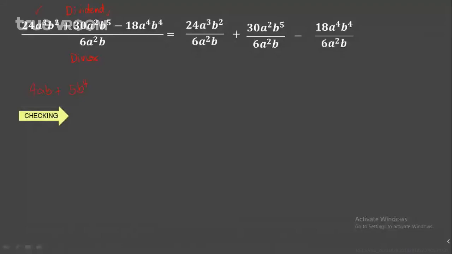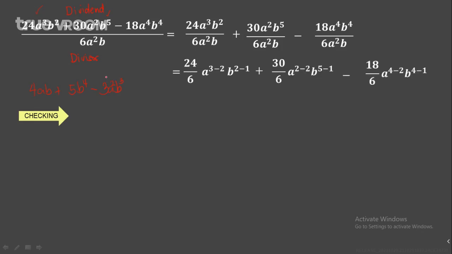Next, minus. Can you say 3a squared b cubed? Okay, let's see. First you are going to divide and then subtract the exponent.